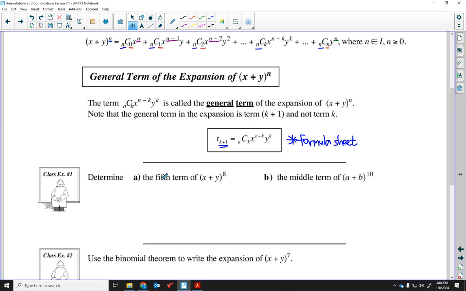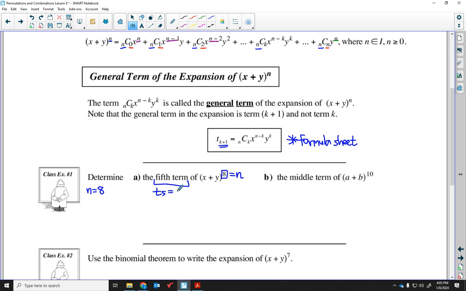It says, determine the fifth term of x plus y to the power of 8. And again, we don't want to write down the full binomial expansion because it's extremely time-consuming. In terms of what n is in the equation, n is going to be the exponent attached to the binomial. So n is equal to 8. Now it says, what is the fifth term? The fifth term would be t5.